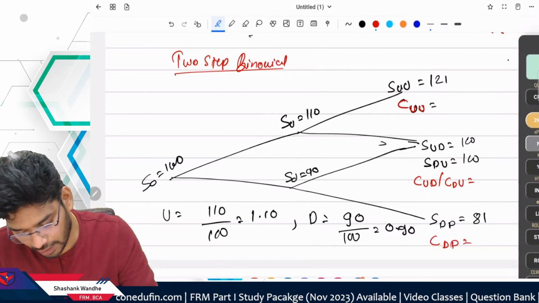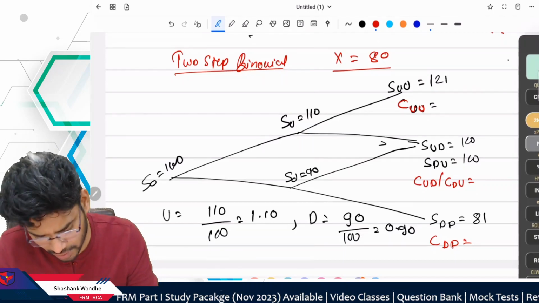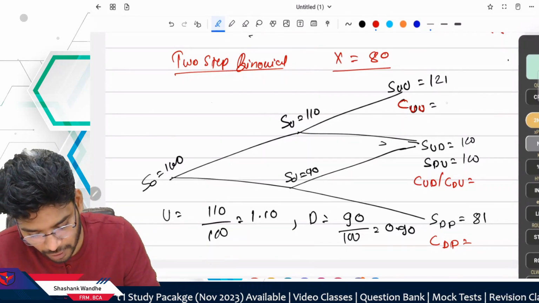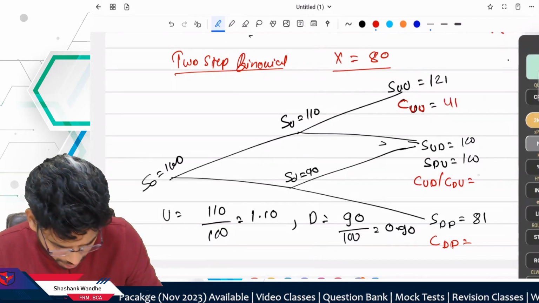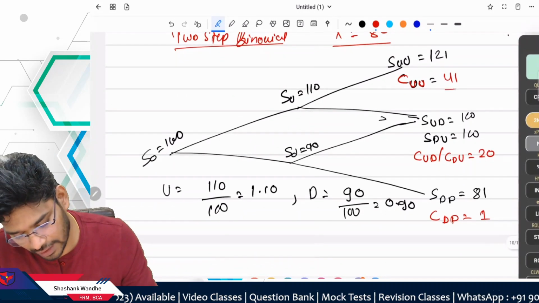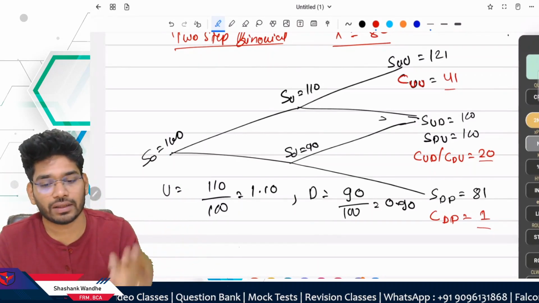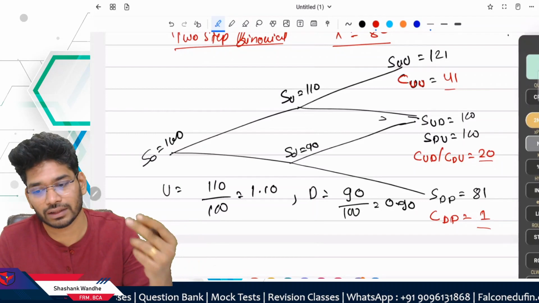What is the payoff here? We assumed the strike price is equal to 80, right? By assuming the strike price is equal to 80, this payoff is approximately 41.20, and this is $1. Once you have this, you calculate the expected value of this payoff, discount it, and that's it.